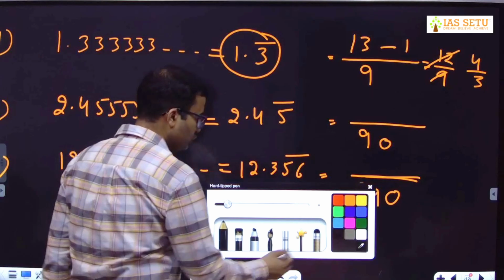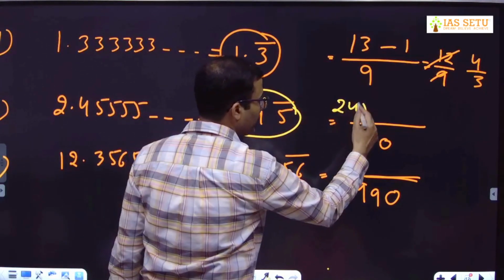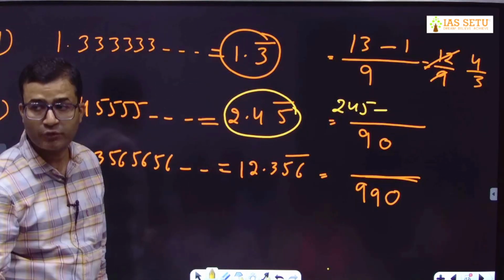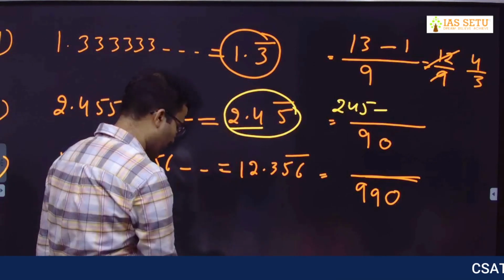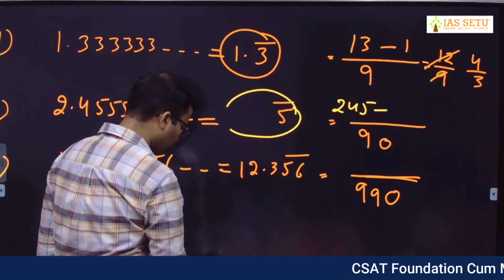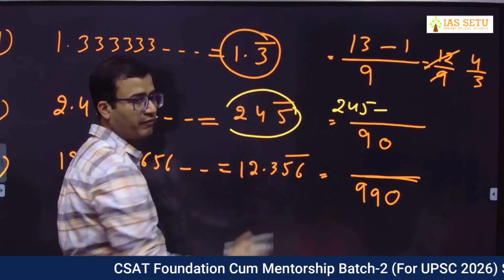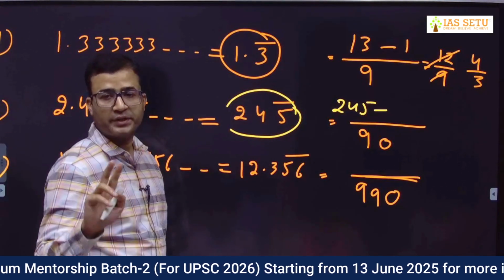In second question, some students make a mistake. Total number is okay, 245. By mistake they do 245 minus 5 minus 4. No, it will be 24. Decimal भूल जाओ यहाँ पे. See, your number is 2.4555. Out of 3 digits, tell me which is not repeating. 2 and 4.